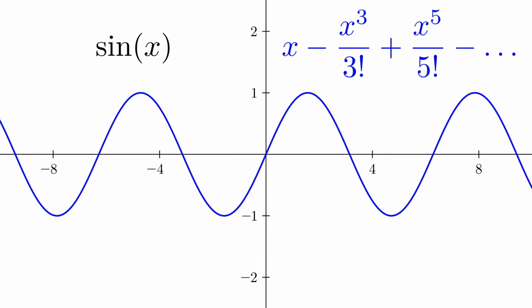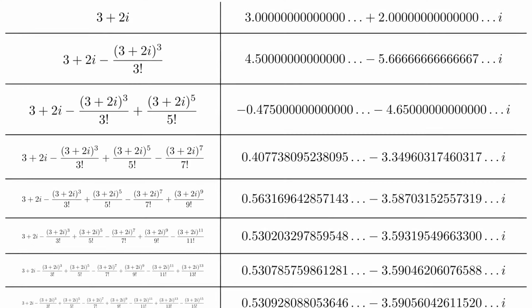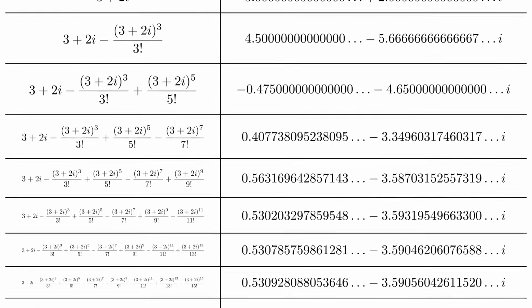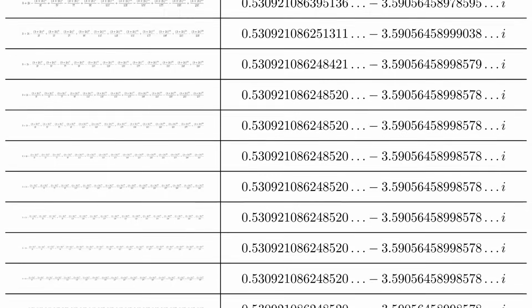So how do we evaluate sine at a complex number, like 3 plus 2i? Well, we just do the same thing. We plug 3 plus 2i into each of these partial sums, and look at the values, and we can see that rather rapidly, these partial sums converge.